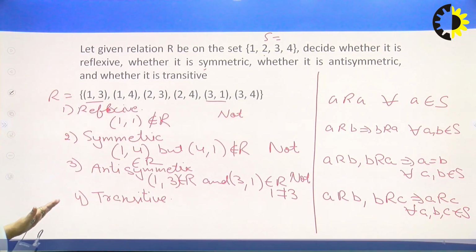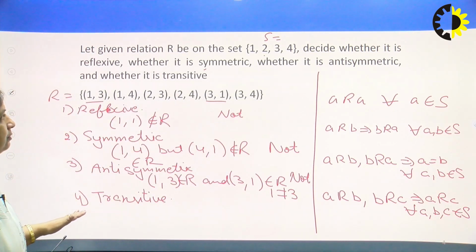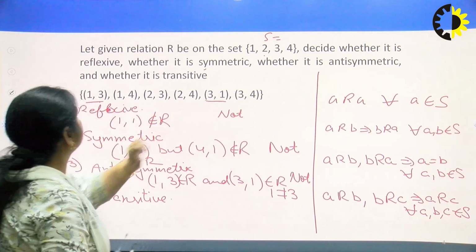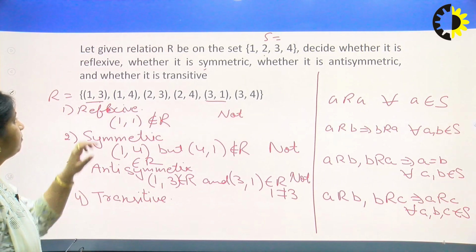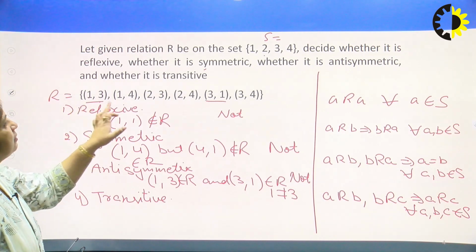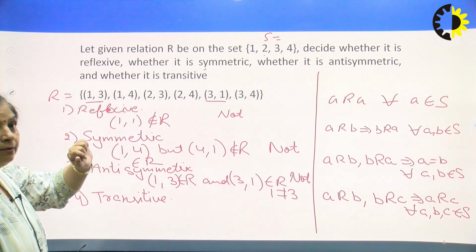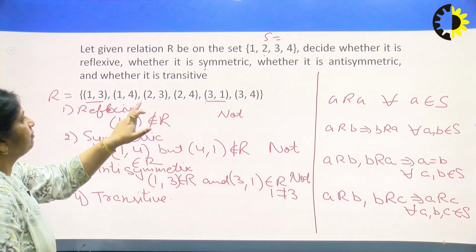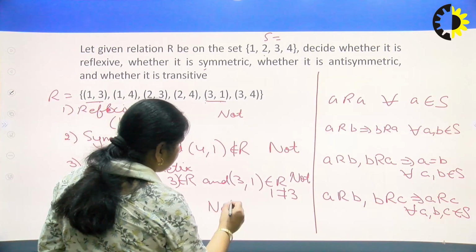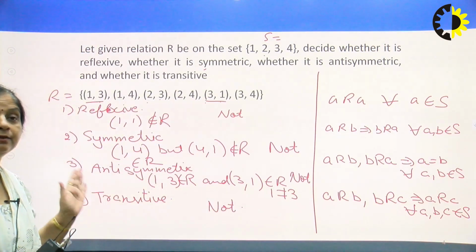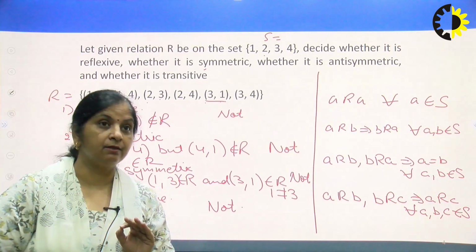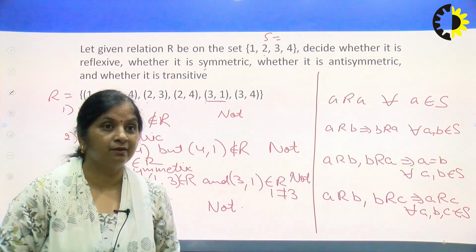Now from here, 1 is related to 3, 3 is related to 1, but 1 is not related to 1. In the same way, 2 is related to 3, 3 is related to 1, but 2 is not related to 1. So this is not transitive. So we have checked that the given relation is not reflexive, symmetric, antisymmetric or transitive.